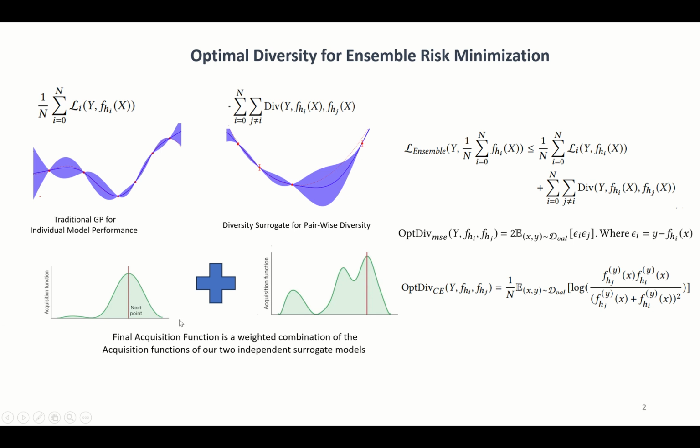We get the acquisition function for our traditional GP, we get the acquisition for our diversity surrogate, and it will be a weighted combination of these two. That will be our true acquisition function, out of which we'll be sampling the next configurations. If we are able to do that, we'll be minimizing the right hand side of this equation, and by minimizing the right hand side, we are guaranteeing that we are minimizing the ensemble generalization loss.